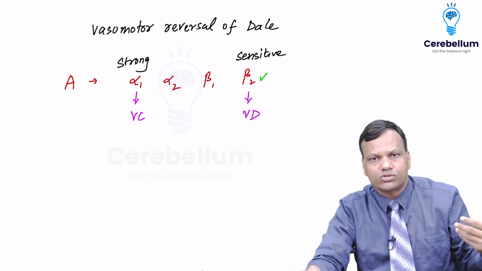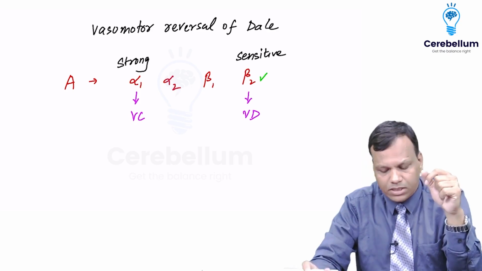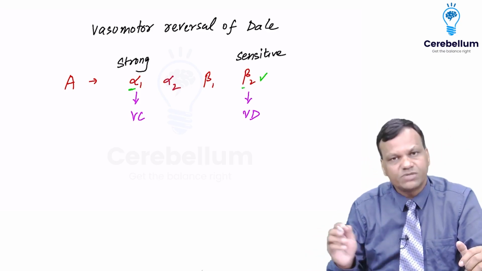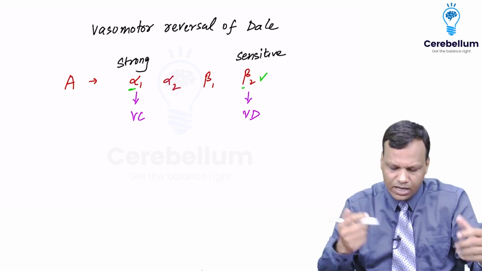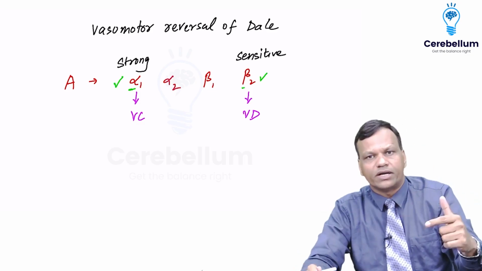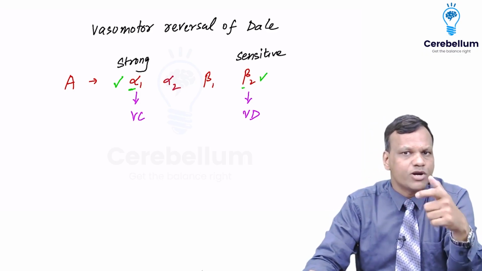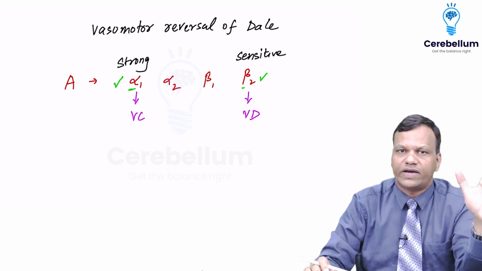Alpha 1 requires a higher dose because they are not that sensitive. But if we give a high dose, both alpha 1 and beta 2 can be stimulated. But when both are stimulated, the effect of alpha 1 will be predominant. The effect is stronger. Okay? So beta 2 can be stimulated at low dose, but when both are stimulated, the effect will be of alpha 1.